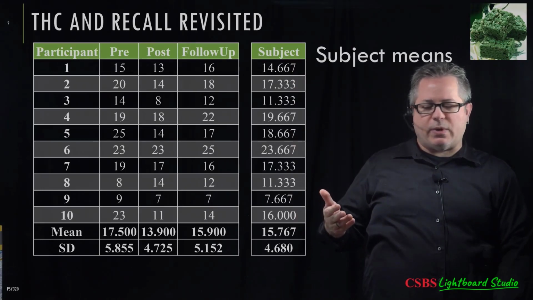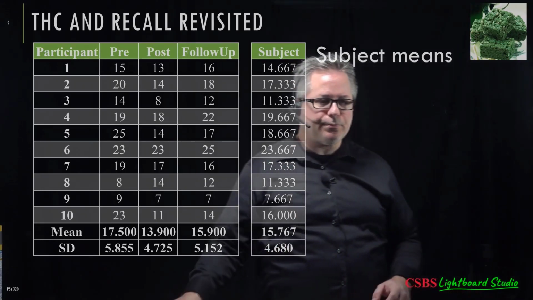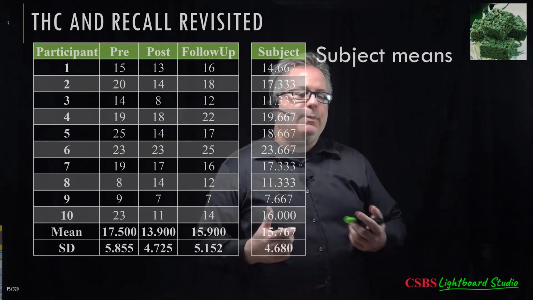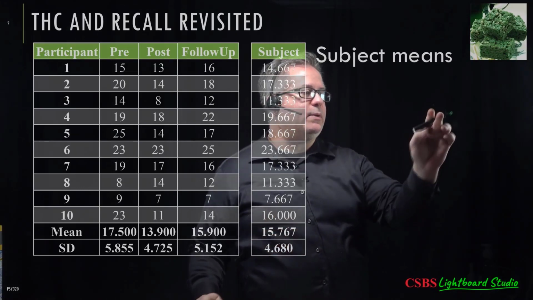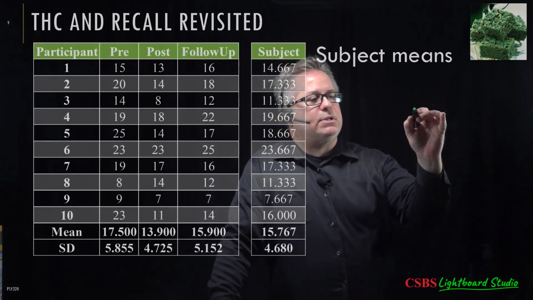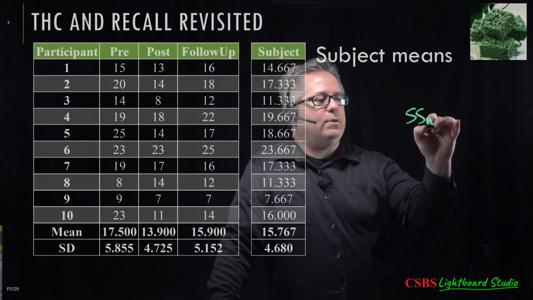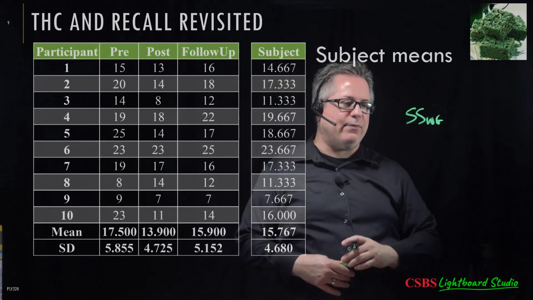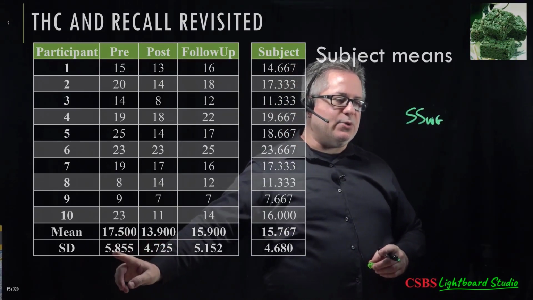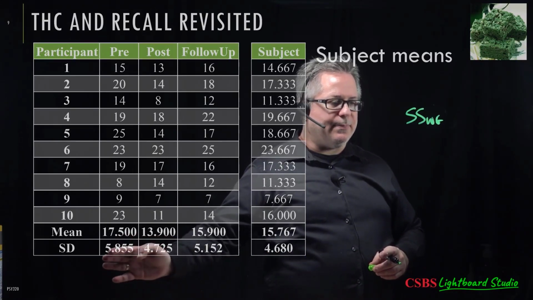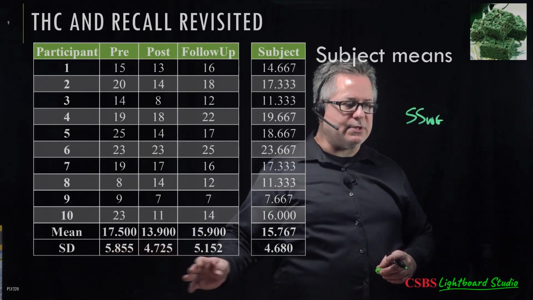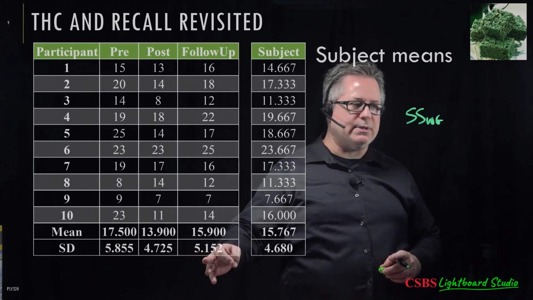Now, one of the reasons why this becomes important is because in an independent samples t-test, we calculate the sum of squares within groups, right? So if I square this and square that and square that, I can get their variances. I'm essentially getting an average of the within groups variance.